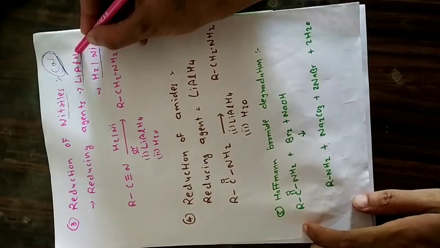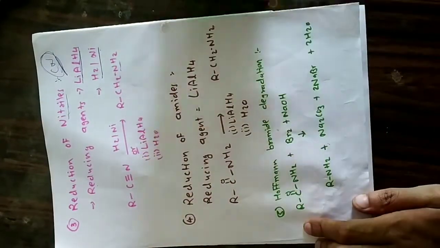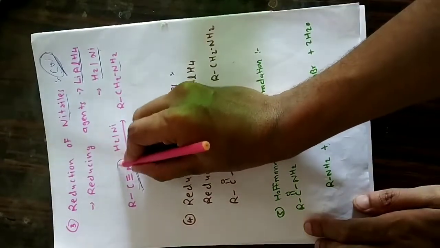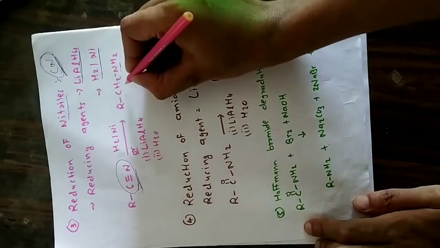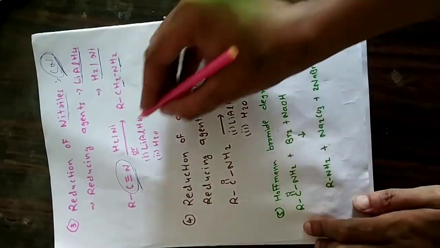By using these two reagents, we can prepare amine from nitrile. You can see on these two elements, on carbon and nitrogen, we are adding hydrogen here. So it is reduction reaction.